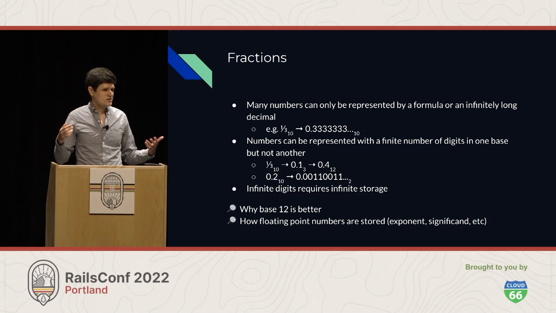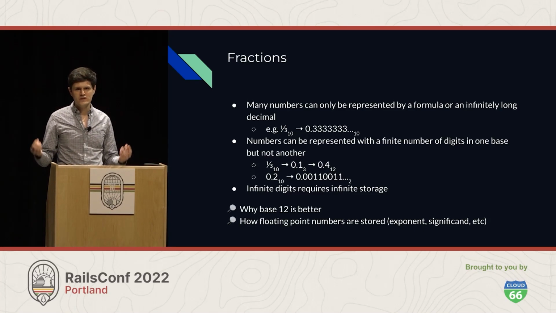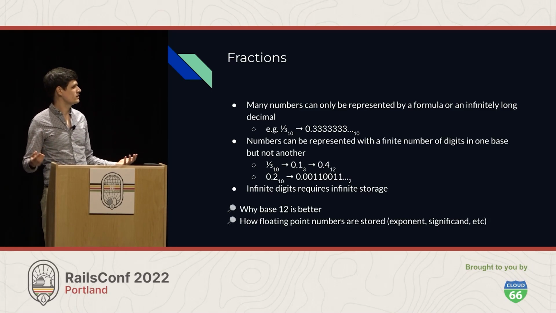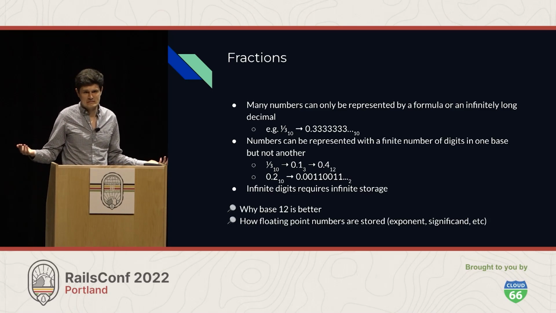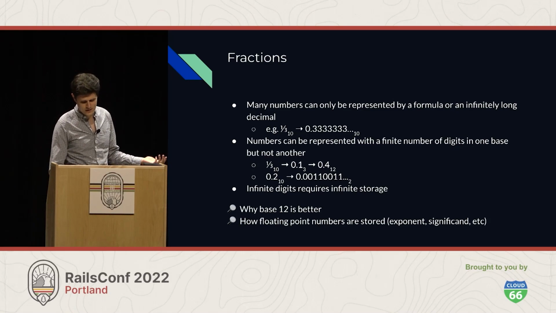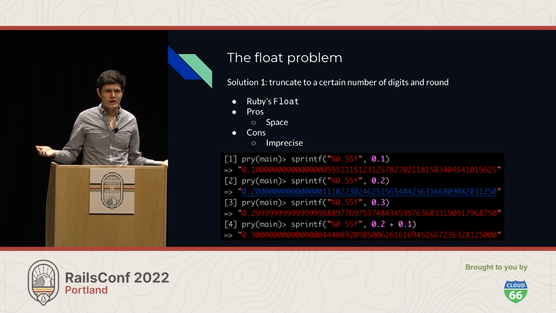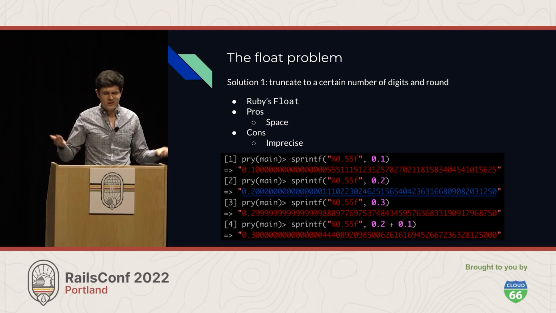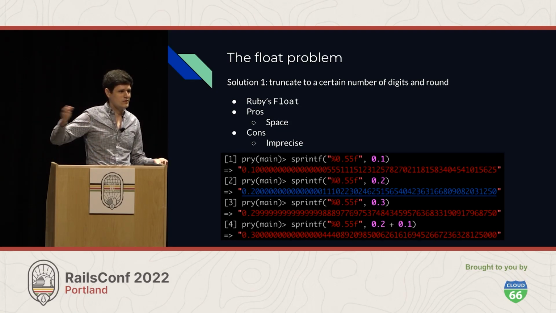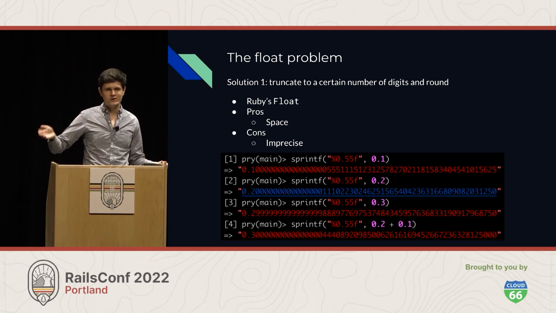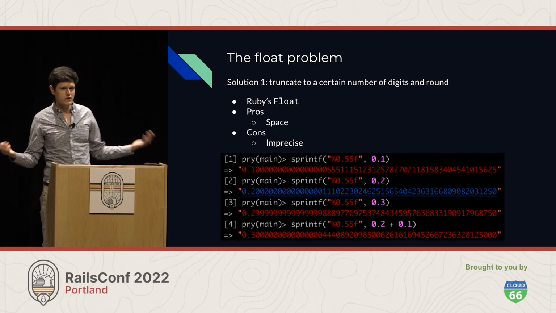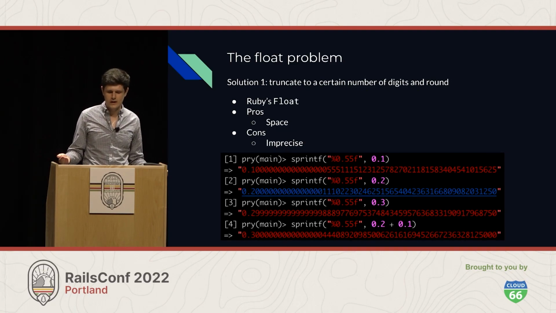And so if we want to store that or visualize it perfectly, accurately, and precisely, we need an infinite amount of space, which typically we don't exactly have. So a really simple way that we can get around that is we try to get close and we pick a number of bits or digits and then we truncate or round off. And this is essentially what's happening with our floats in Ruby and a bunch of other programming languages.